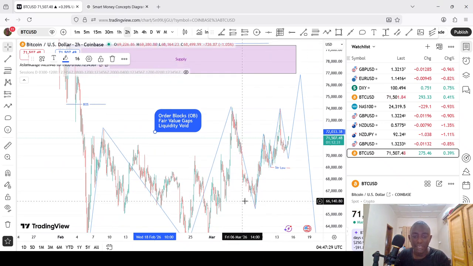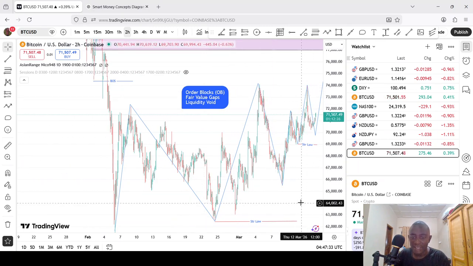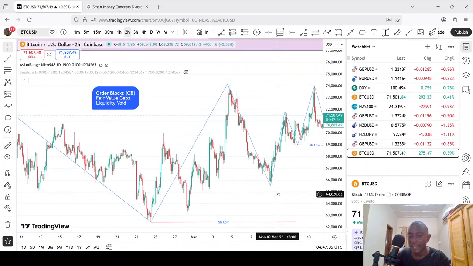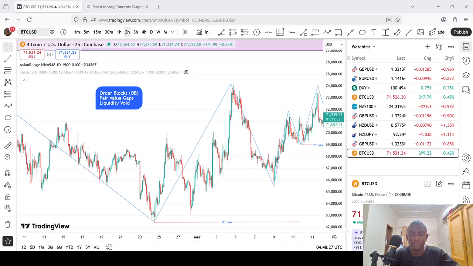So to deal with order blocks, as I explained, they are areas where we have people placing their orders, and always you have to identify them from the chart.